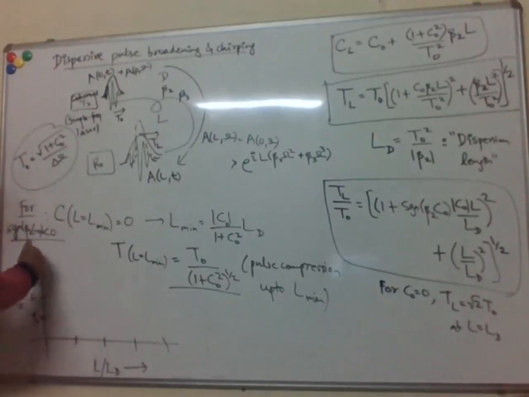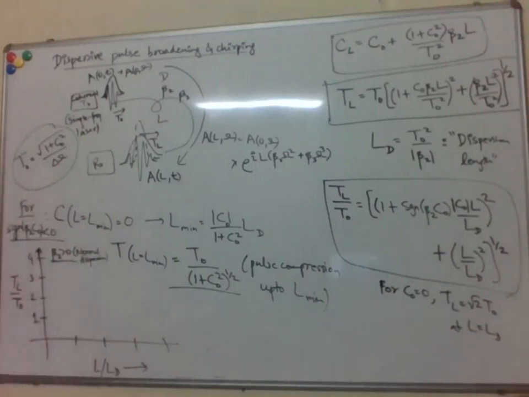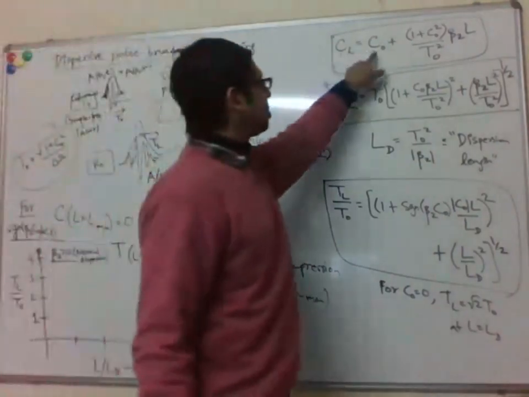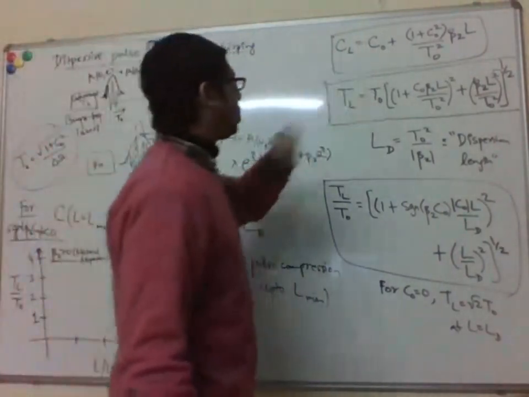Okay, so let's consider a case. For this, let's consider the fiber to have positive beta 2, so this is, as you know, normal dispersion. Now we can look at how pulses with different initial chirp propagate. We can start with an unchirped pulse, so C0 equal to 0.